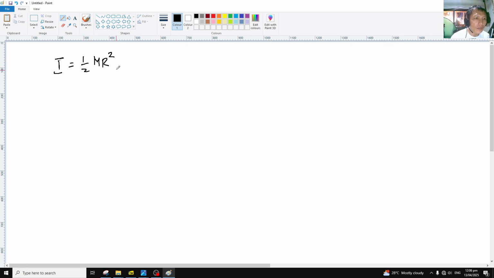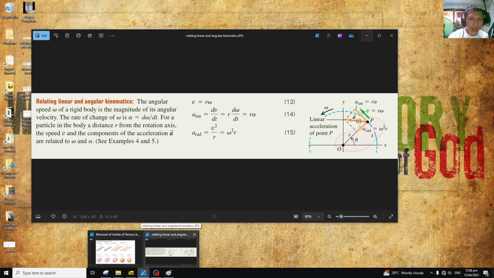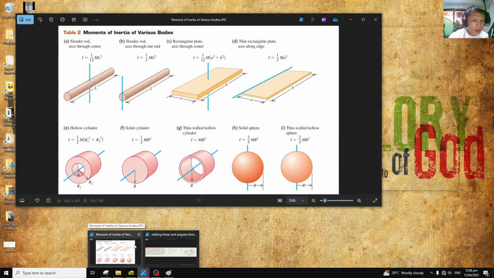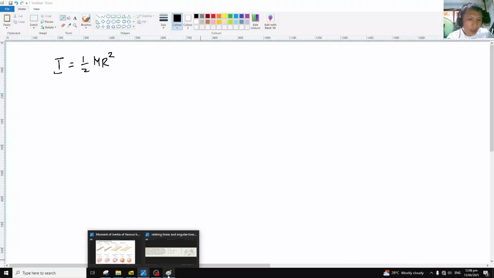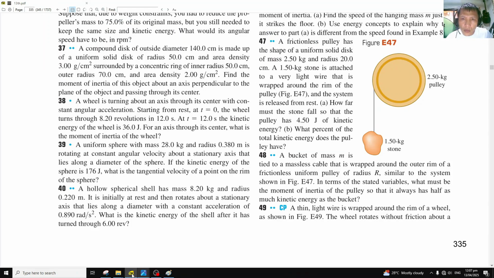Next, kailangan natin ng formula. Ano ba kailangan natin? Nagbigay siya ng kinetic energy. I do believe yun na yung magbibigay ng answer sa kinetic na side. Nagbigay siya ng frictionless pulley, mass 2.50, radius 20, stone 1.50, wrapped around the rim of the pulley, and the system is released from rest.